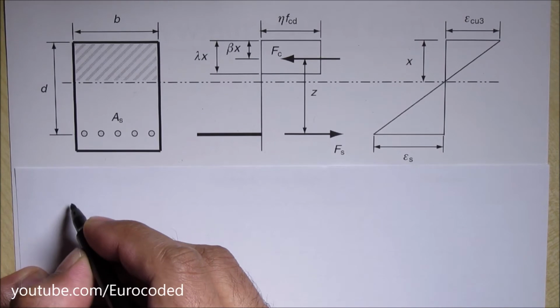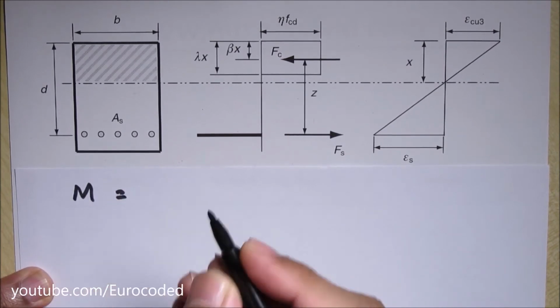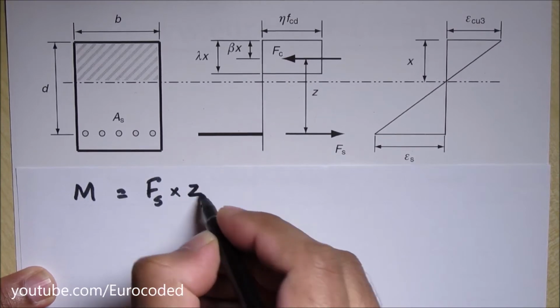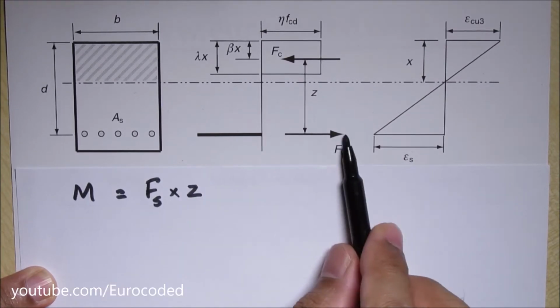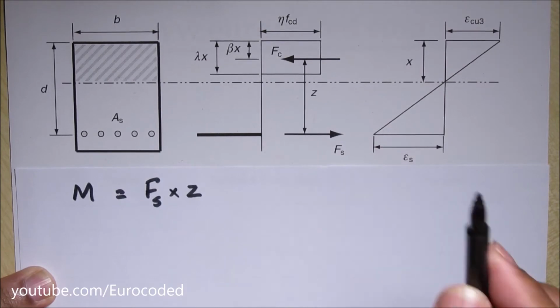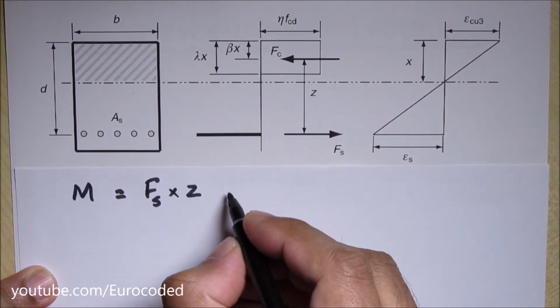We can write M is equal to Fs times Z. That's basically this force Fs and the lever arm is Z. And then we can expand this.